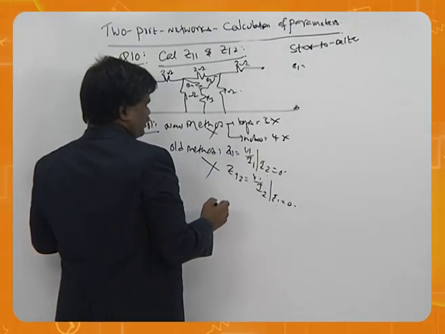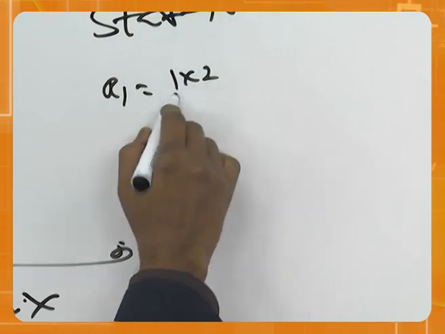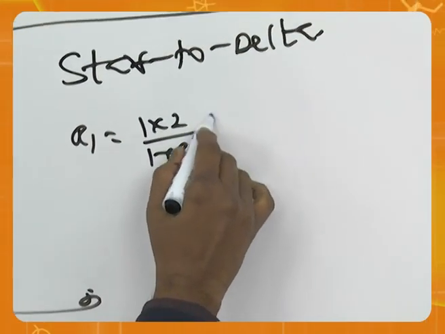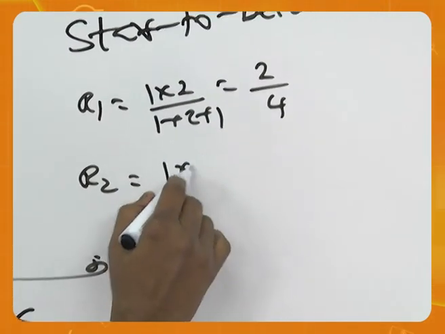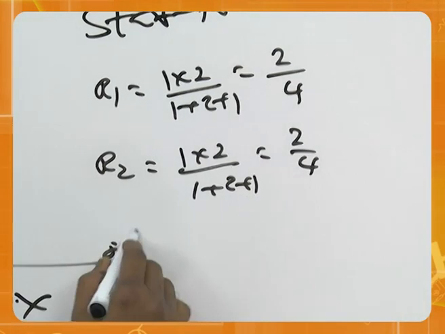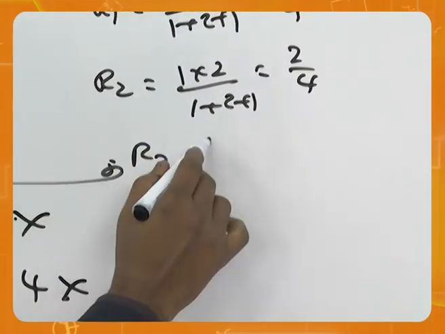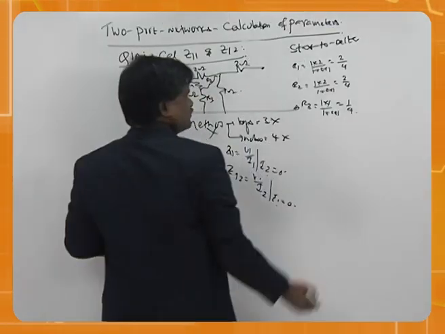R1 is 1 into 2 by 1 plus 2 plus 1, so 2 by 4. R2 is also 1 into 2 by 1 plus 2 plus 1, 2 by 4. R3 is 1 into 1 by 1 plus 2 plus 1, 1 by 4.